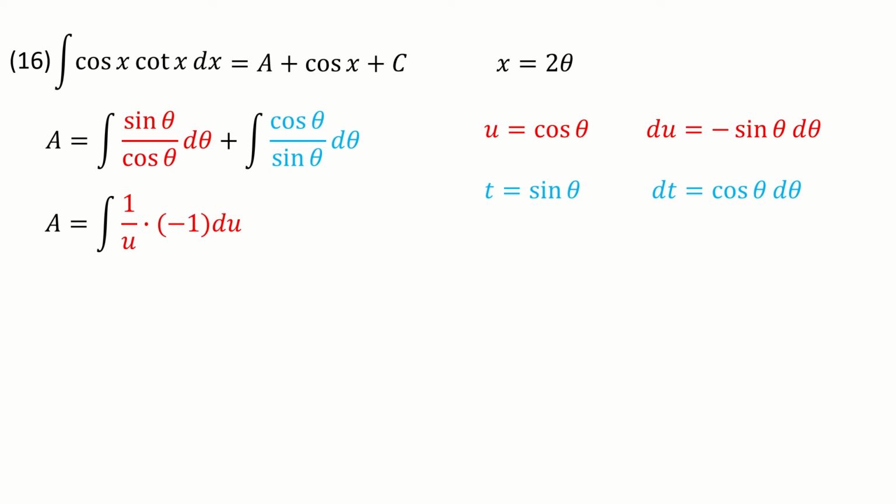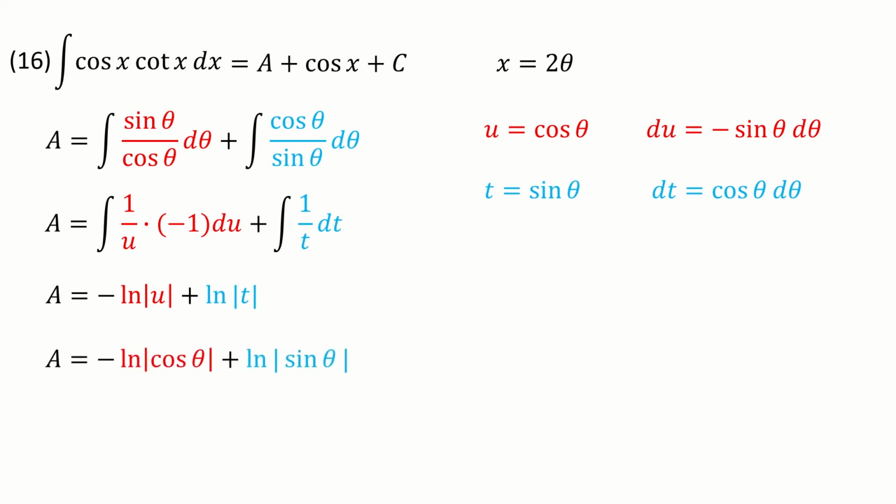For the blue part, we define t equals sine theta, so dt equals cosine theta d theta. Again, plug in, we got an integral with respect to t. So we got these two simple integrals, and the result is minus log u plus log t.